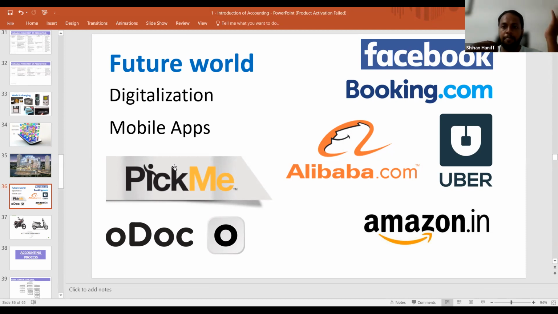You take Toyota, BMW, right? These brands, these businesses were there for 100, 200 years. But if you take Facebook, Booking.com or Alibaba, these companies recently came to the market, but they are earning more than these big companies.